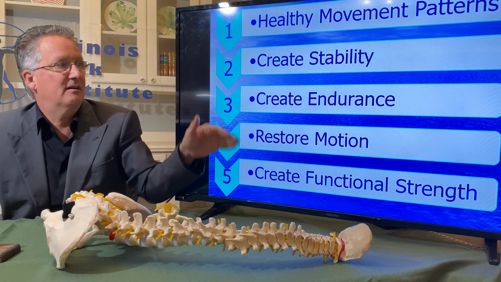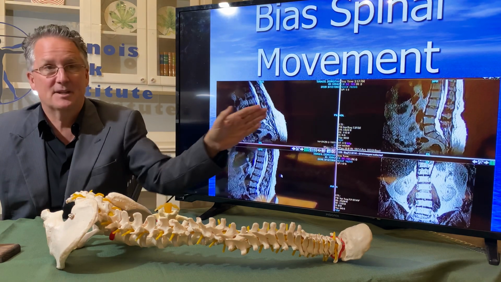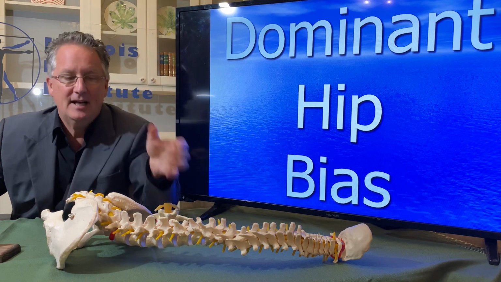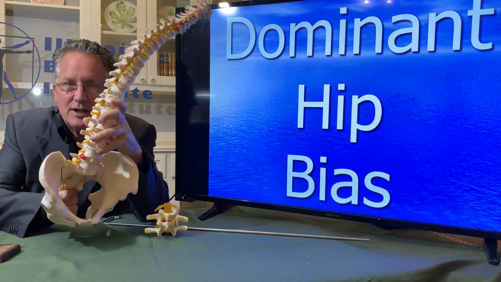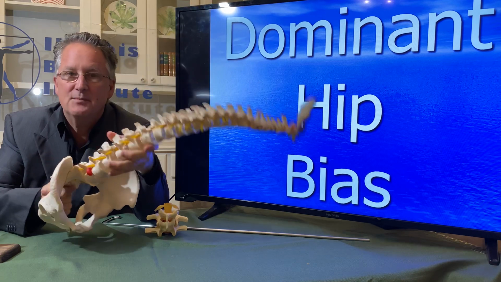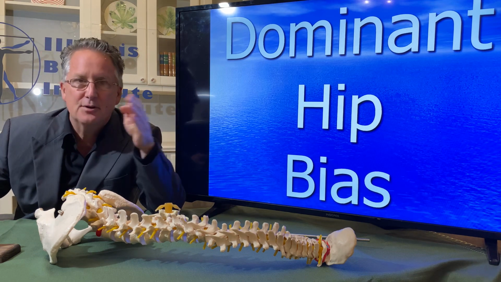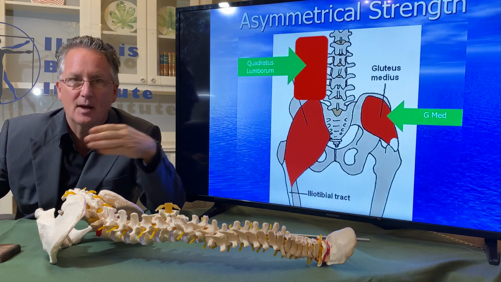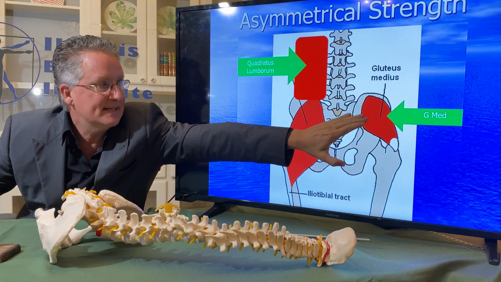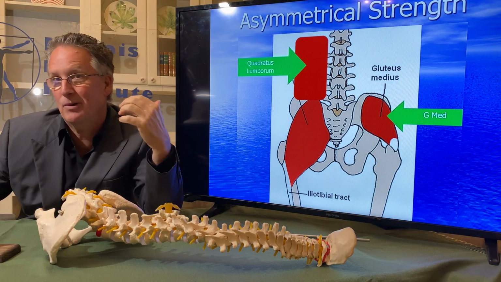Okay, we've talked about the 5 steps, but what happens? We've talked about the bias of the spine, but you develop a bias in the hip. Okay, the same way you have a problem with flexion and extension, certain patterns make you better, certain patterns make you worse. Same thing with the hip. You develop the dominant hip, certain patterns start to develop. Okay, one side you'll get glute weakness, and then the opposite side you'll get quadratus lumborum weakness.